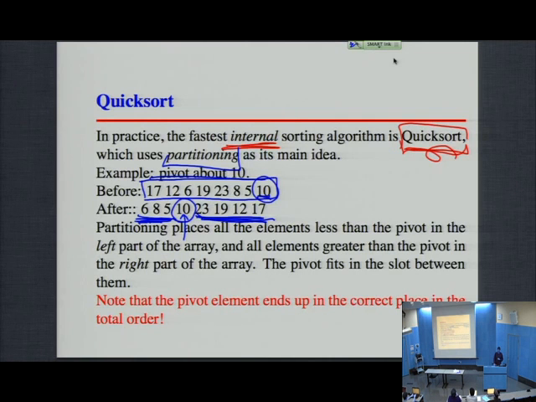Okay? How can I do this? My basic step is going to be as follows. I'm going to keep track of a pointer to all the elements that are less than the pivot, all the elements I know that are greater than the pivot, and everything else that's in between.